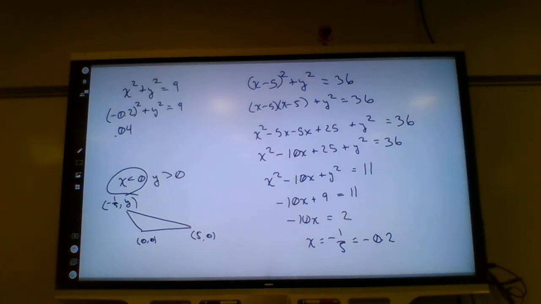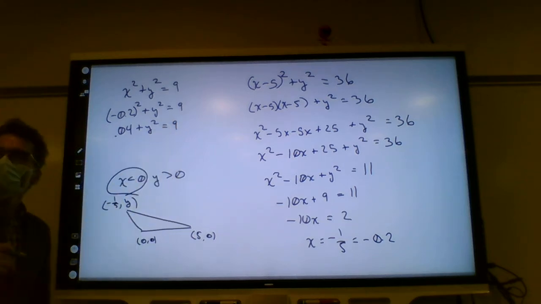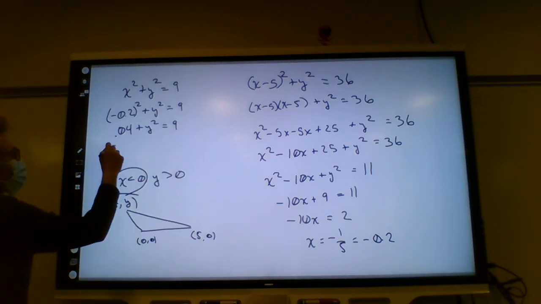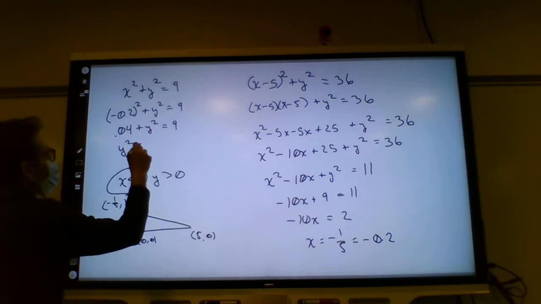Right, 0.04 plus y squared equals 9. So what is y squared? 8.96.